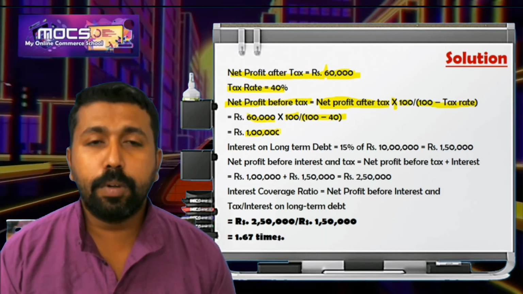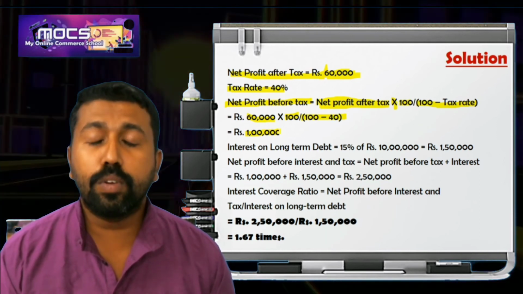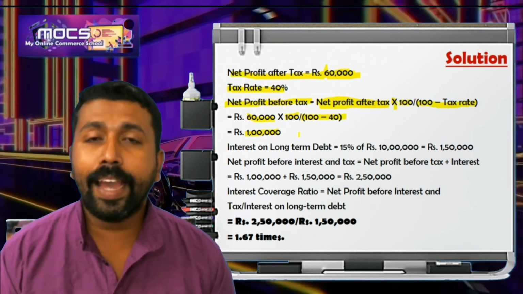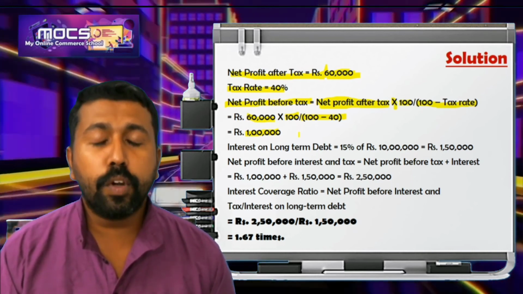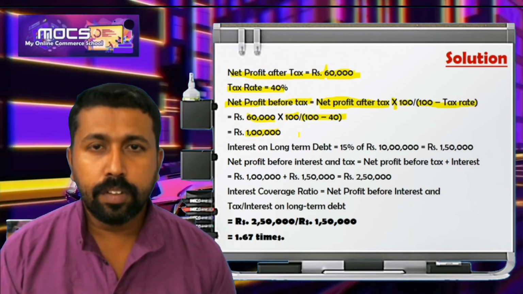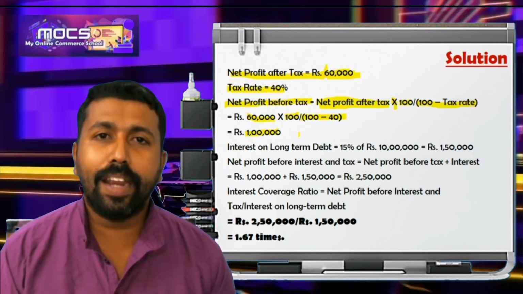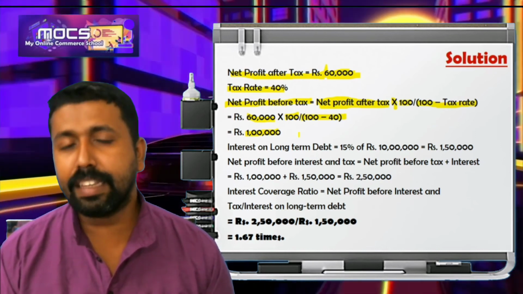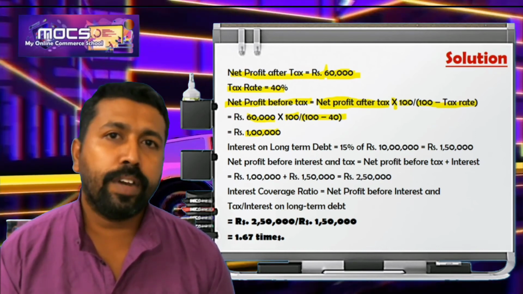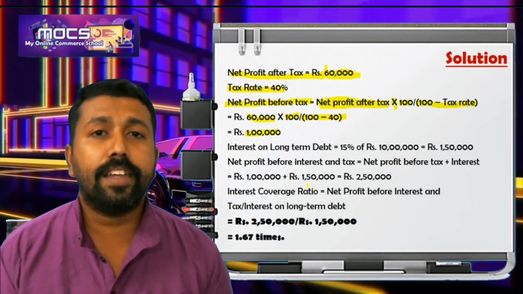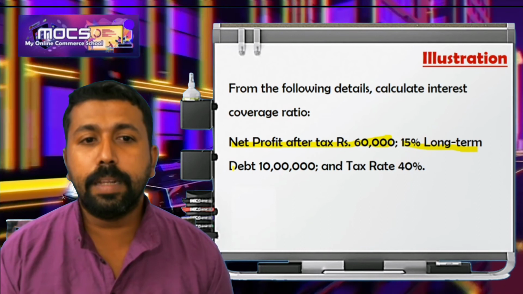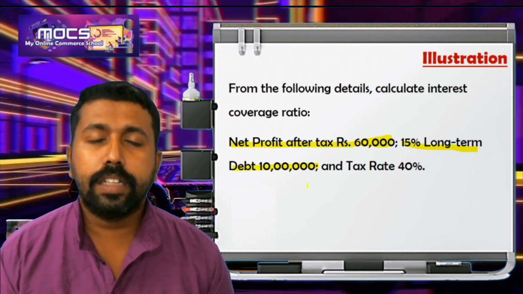Before paying the tax amount, the net profit is rupees 1 lakh. So just imagine, from 1 lakh, we have paid 40% tax. So 40,000 will be deducted from 1 lakh. So it is very easy now. The remaining is 60,000. And we have to find out what is the fixed interest charge as per our question. As per our question, 15% long-term debt for rupees 10 lakh.